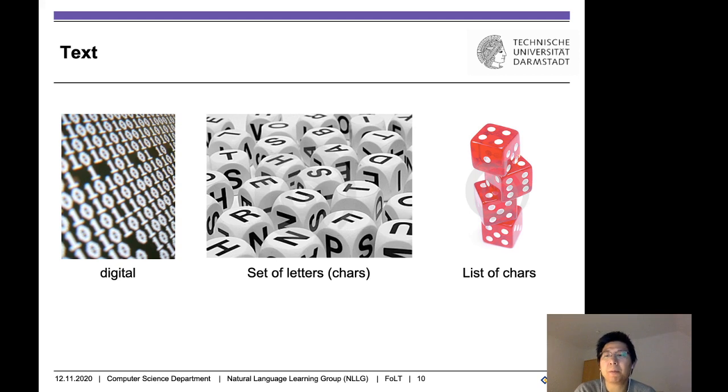For example, you can use ASCII code to translate a character into numbers, right? And also you can find an encoder which can translate text into vectors, like word embeddings, if you know what I'm saying.